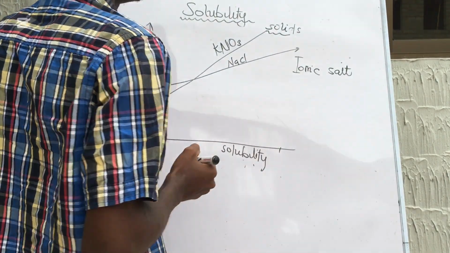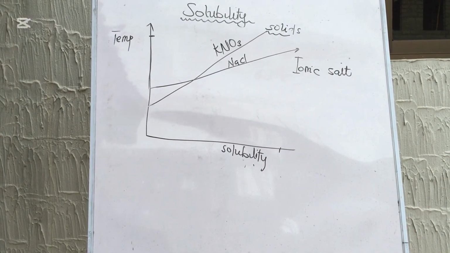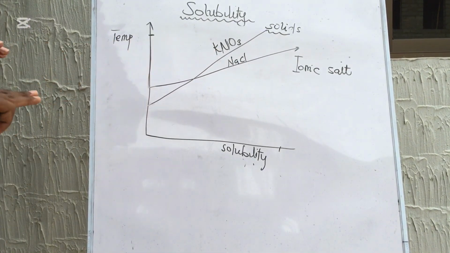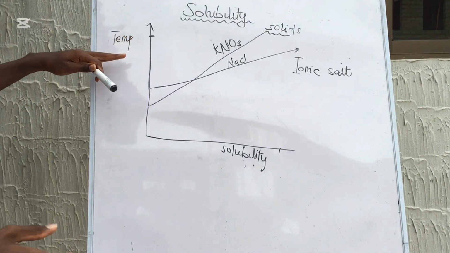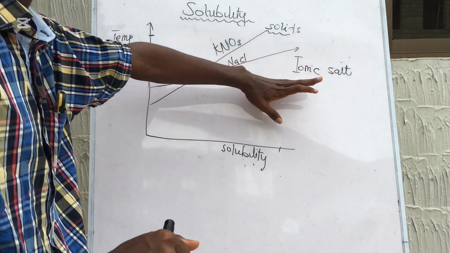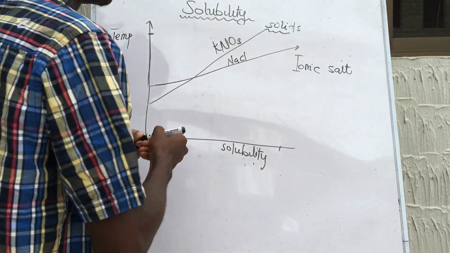So if your hydration energy is equal to the amount of energy required to break the bond, then we expect the solubility to remain constant or have a gentle slope, because regardless of the temperature that you increase, the same amount of energy is obtained from the water molecules, or the solvent, hydrating the ions.